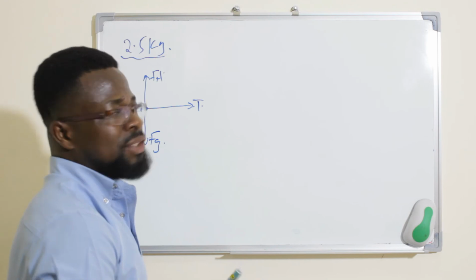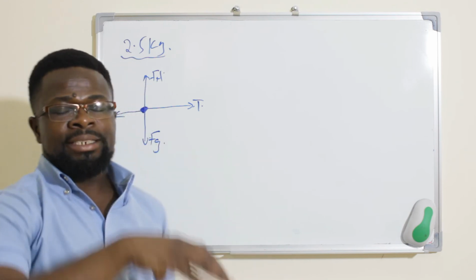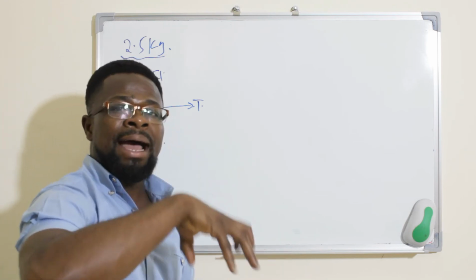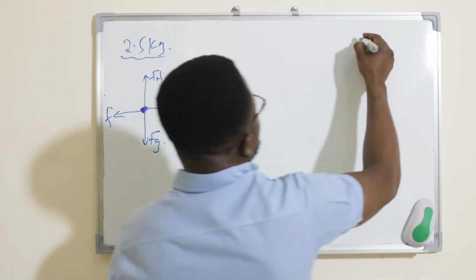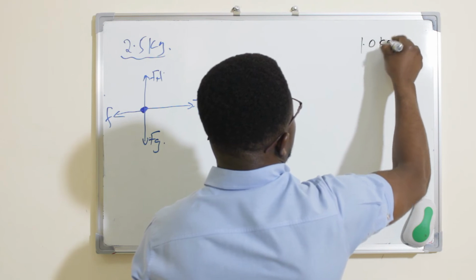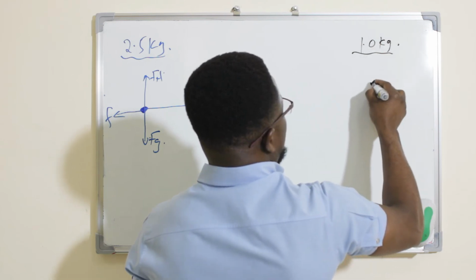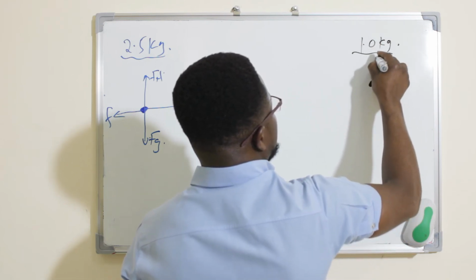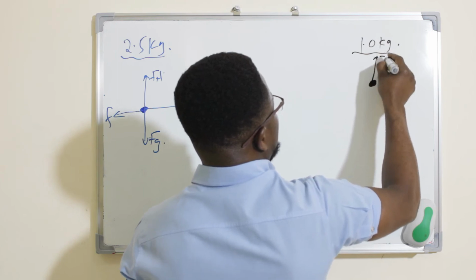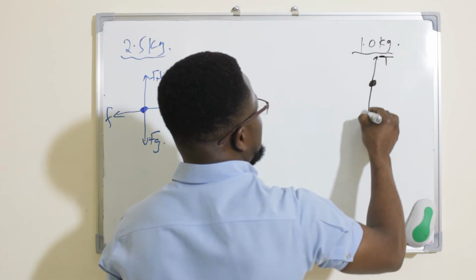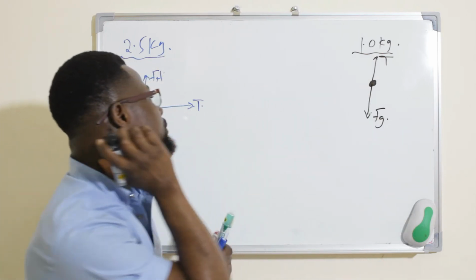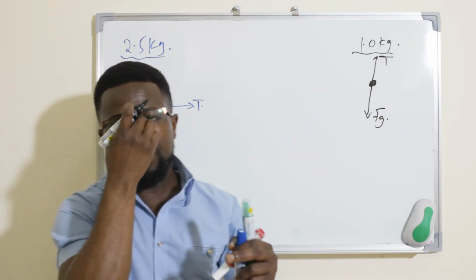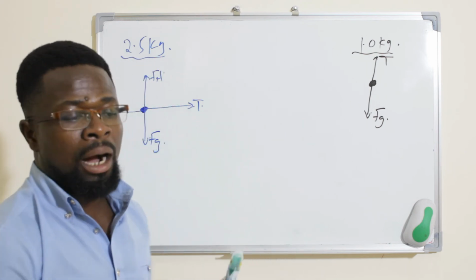The 1 kg is just hanging, held by a rope or a cord. So the free body diagram for that 1.0 kg is going to be this. We have tension there, and then we have the weight. These are the two things that we can look out for.